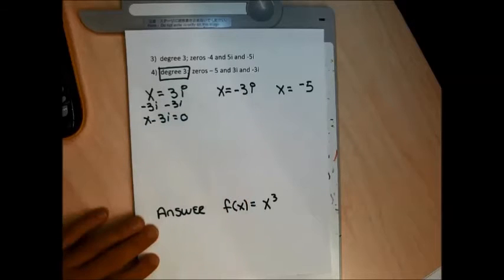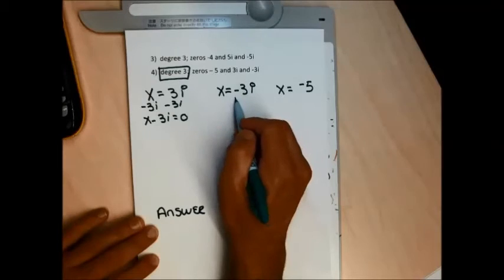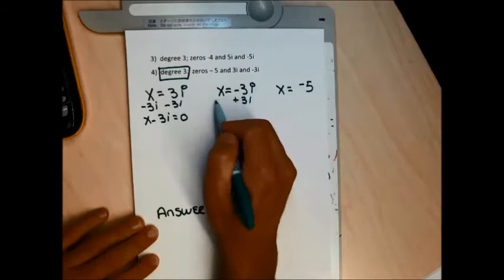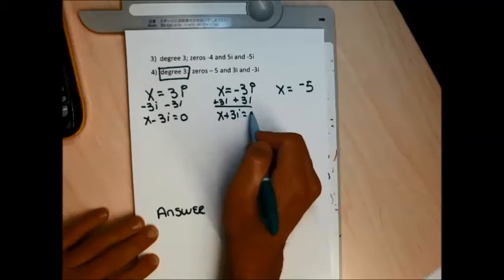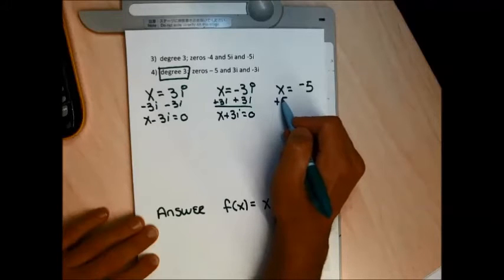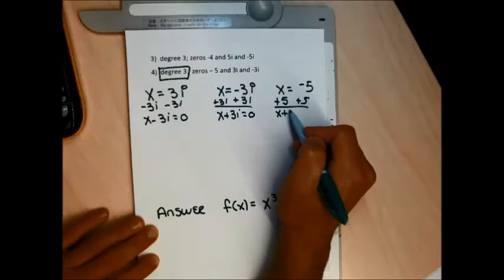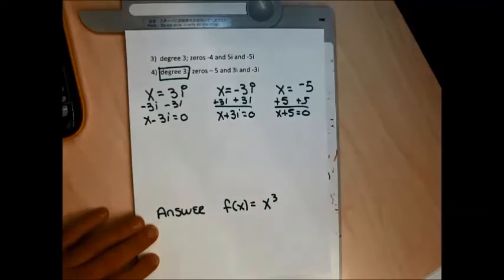That's going to be one of the factors of my answer. The middle one, I'm going to plus 3i and get x plus 3i equals 0. And the last one, I'm going to plus 5 and plus 5. I'm going to get x plus 5 equal to 0. These are going to be the factors of my answer.